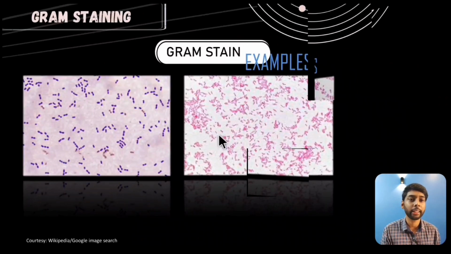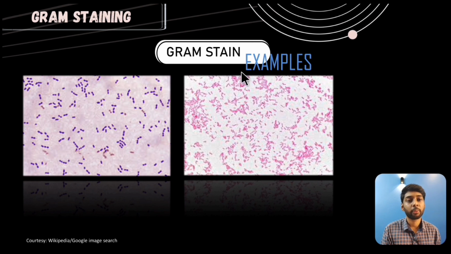Now to summarize the gram stain, well, before that, let's look at a few examples. Here we see these are round-shaped bacteria, so these are cocci, and on top of that, they are forming short chains, right? These must be Streptococcus, especially because the bacteria here are dyed purple, and we know the gram-positives dye purple.